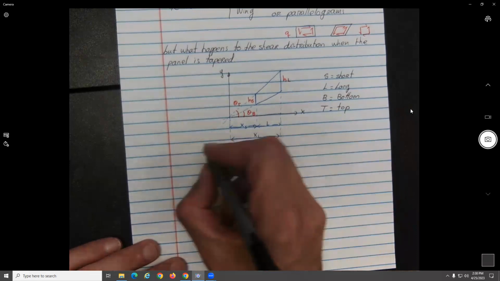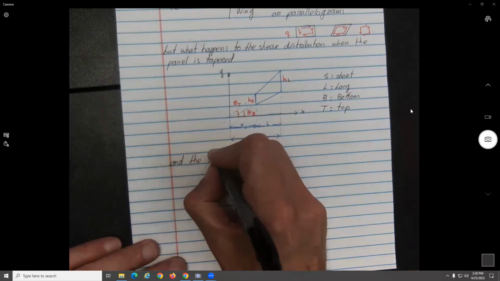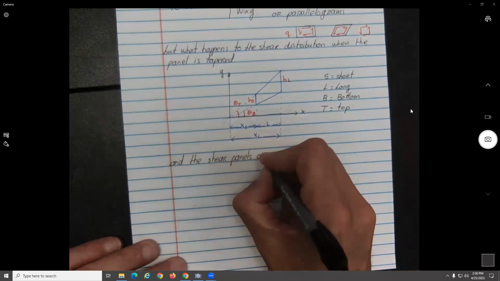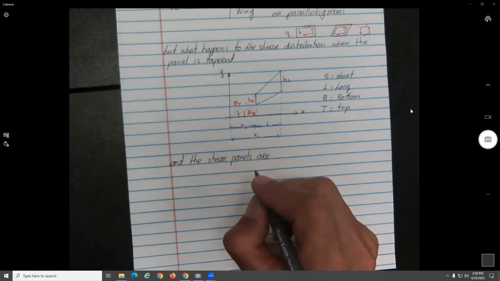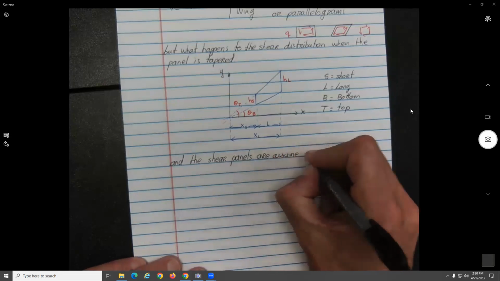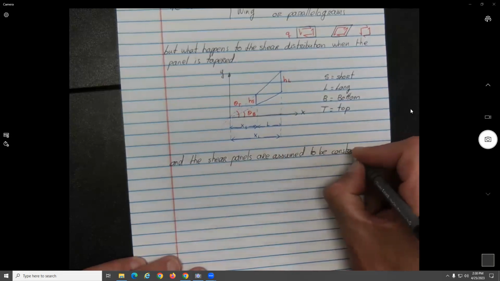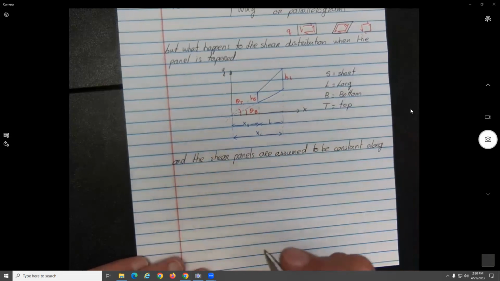Okay. And the shear panels are assumed to be constant along the edges.